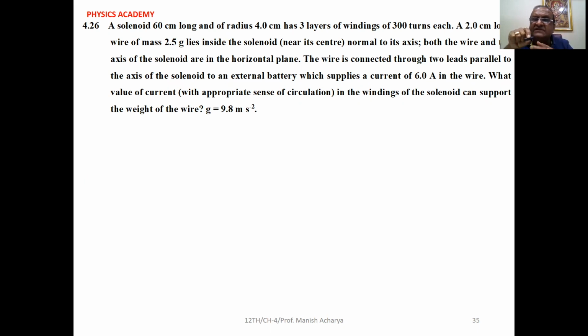Now, if this particular force is exactly equal to mg, then the wire will be balanced, or we can say it will remain suspended inside the solenoid. Now, for that, how much current should be passed through the solenoid, that is asked here. Now, question clear?